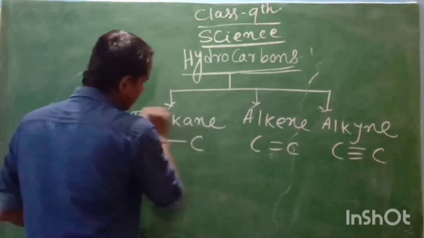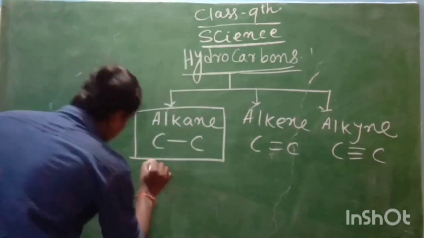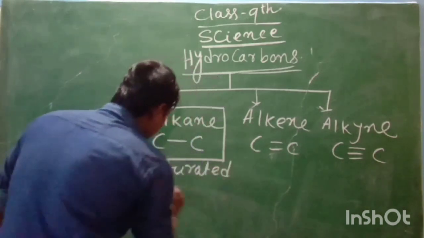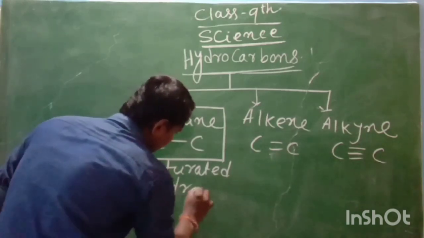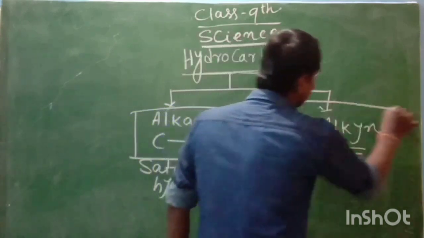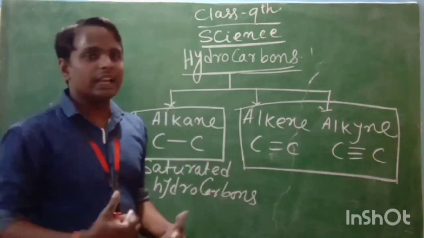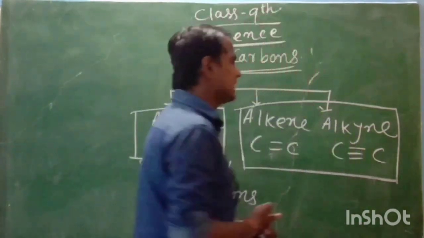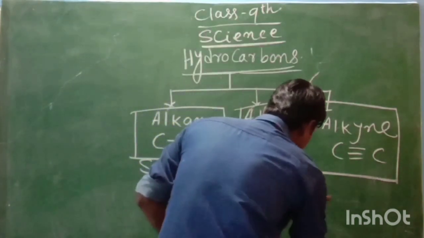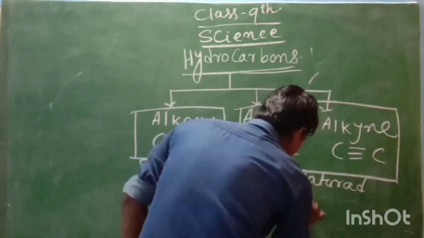Carbon-carbon single bond, that is alkane, is called saturated hydrocarbon. And carbon-carbon double bond and carbon-carbon triple bond are called unsaturated hydrocarbons.